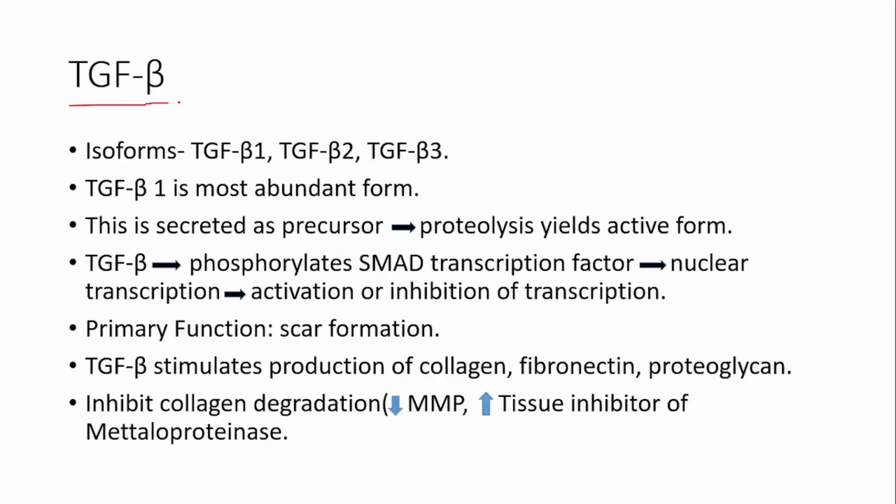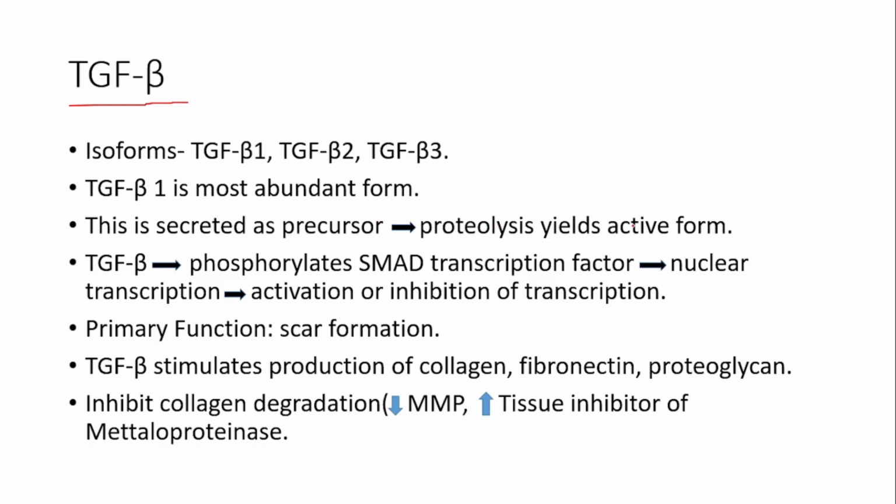The next is TGF beta, which is also called transforming growth factor beta. The isoforms of TGF beta are TGF beta 1, 2, and 3, among which TGF beta 1 is the most abundant form. This is secreted as a precursor, and it is activated by proteolysis.